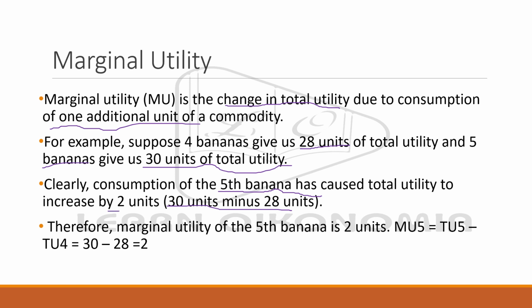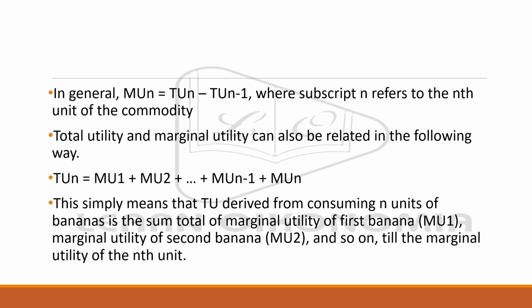So the marginal utility for obtaining the fifth banana is equal to the total utility from obtaining 5 bananas minus the total utility of consuming 4 bananas, which is 30 minus 28, equal to 2. So we can see that the marginal utility of consuming n units of a commodity would be equal to the total utility of consuming n units minus the total utility of consuming n minus 1 units of the commodity.